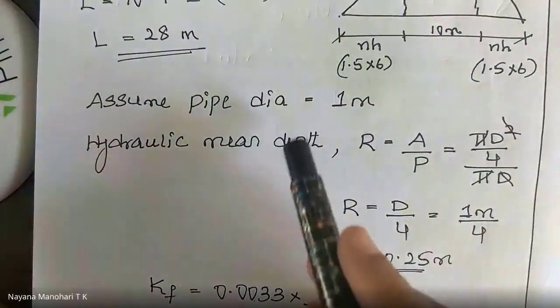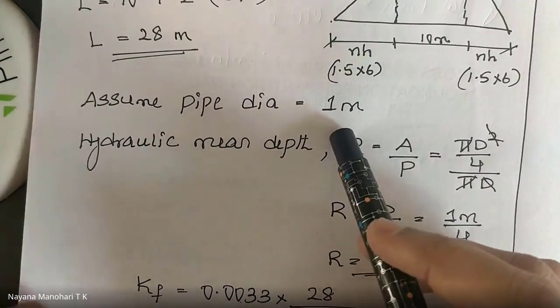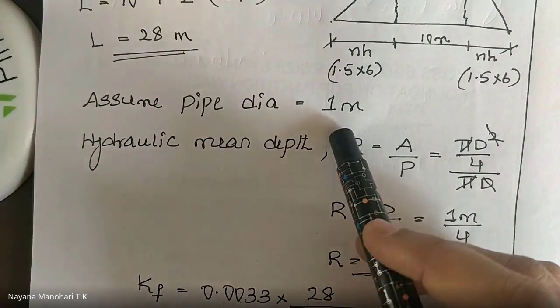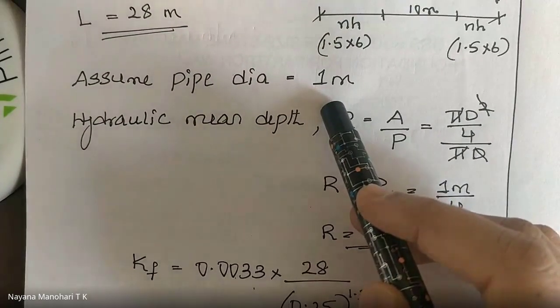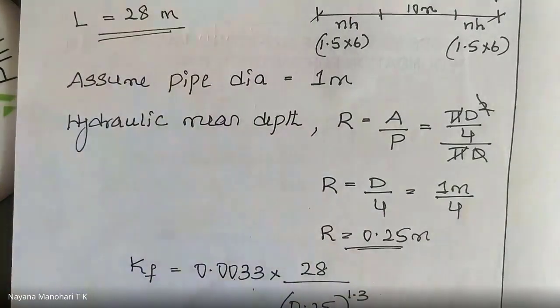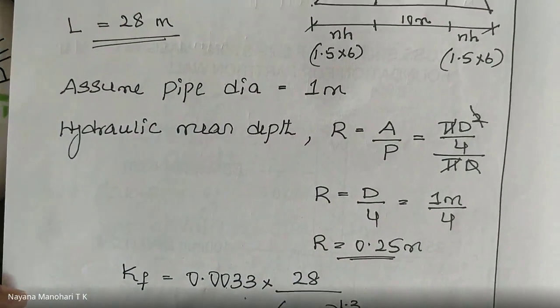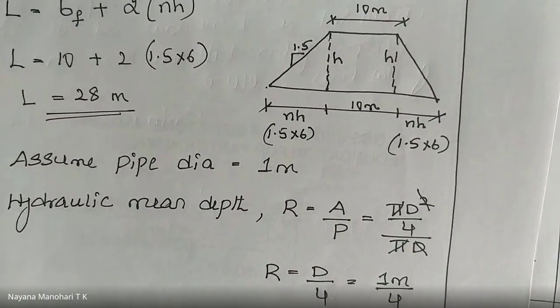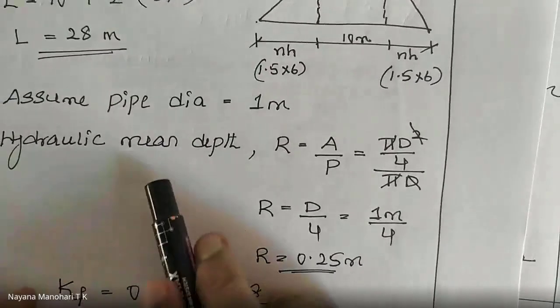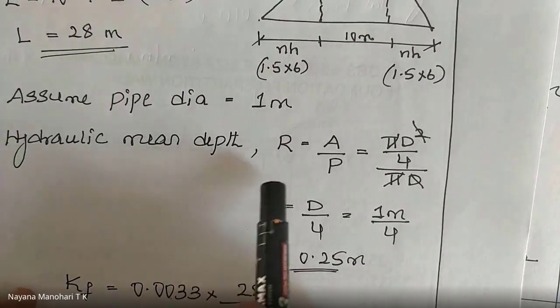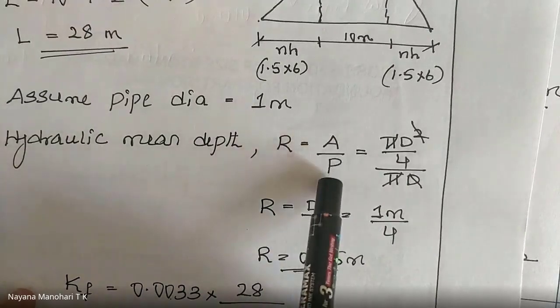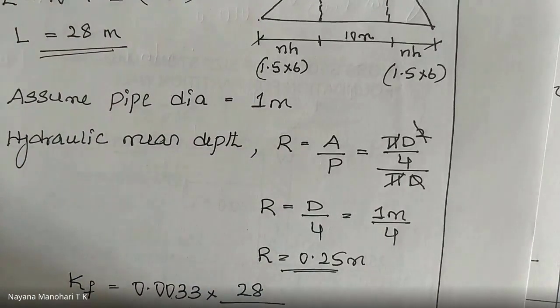Next, you need to assume the diameter of the pipe. In this problem, they have not mentioned the internal diameter of the pipe. I have assumed it as 1 meter. Most probably, in the exam, they are going to provide the internal diameter of the pipe. Next you need to calculate the hydraulic mean depth. It is given by capital A by P. The cross-sectional area is circular.